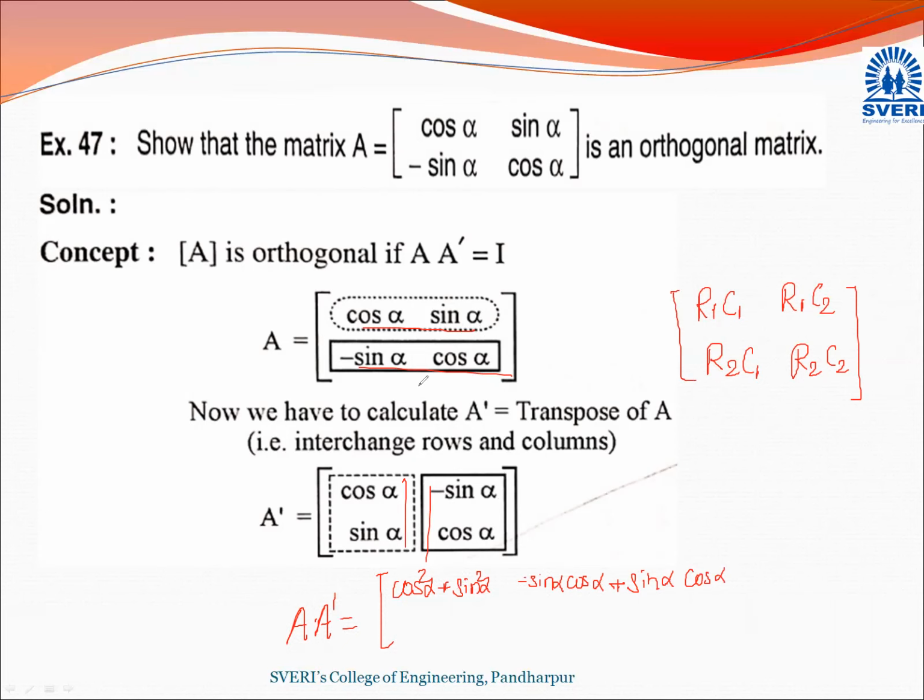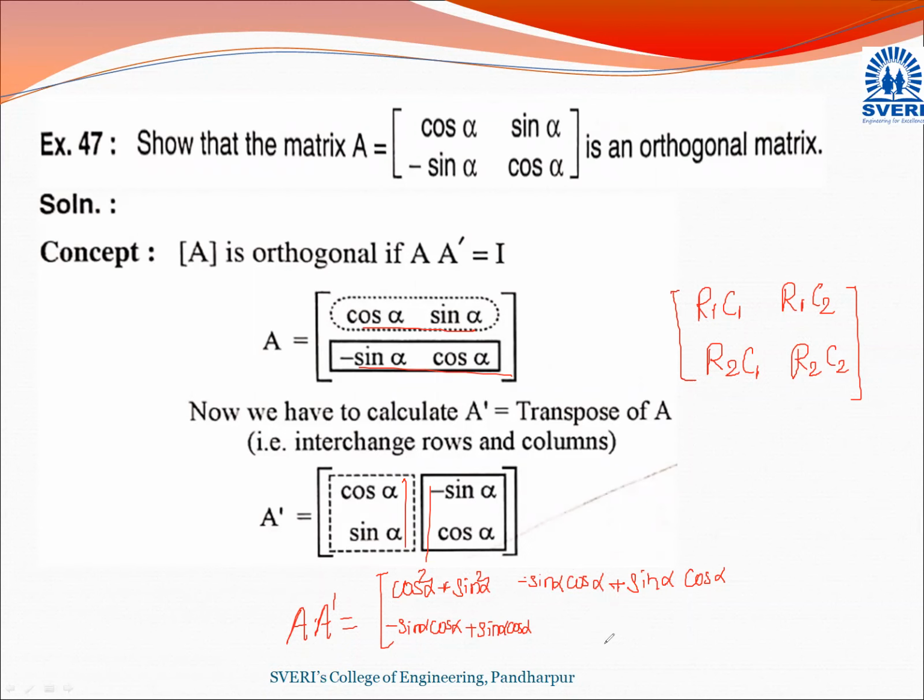Similarly, going for R2 C1: minus sin alpha cos alpha plus sin alpha cos alpha. And next one is R2 C2.